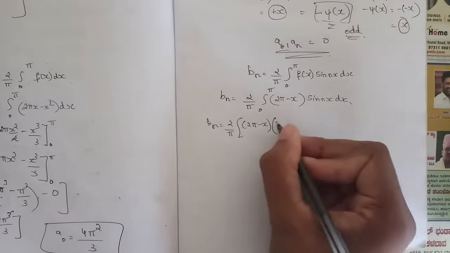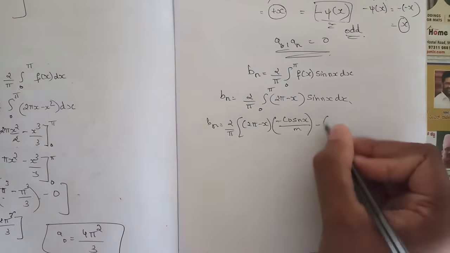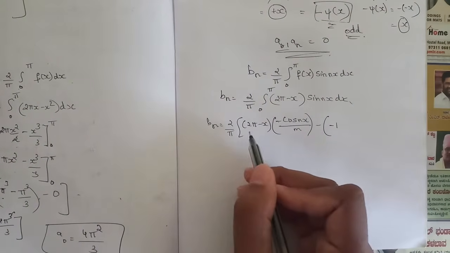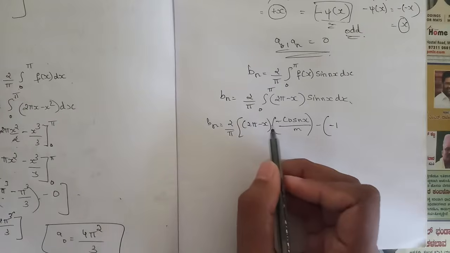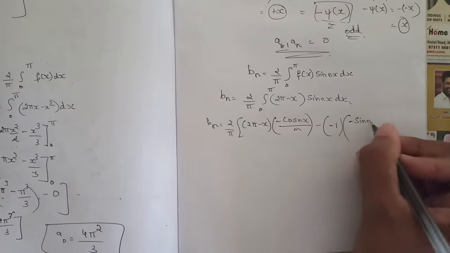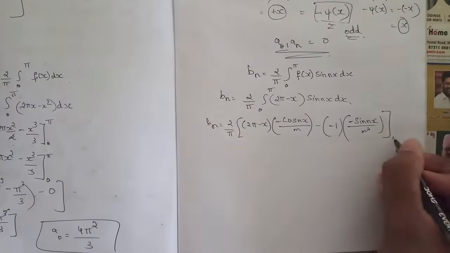The integration of sin is minus cos, minus 1. The differentiation of 2 pi is 0 and of x is 1, minus sin nx by n square, limits from 0 to pi.